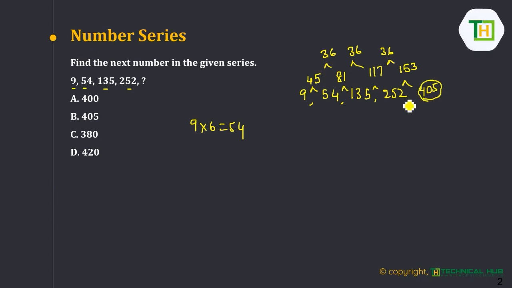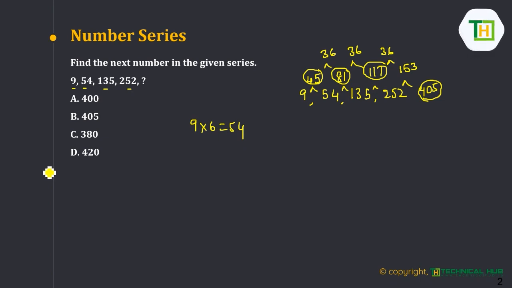So by using the difference method, which we generally use to solve number series questions, you can answer this question. The first thing I observed: are there any squares or cubes or not? There are none. The second thing I do is take the difference between the numbers in the series. I took the difference and got 45, 81 and 117, but these three numbers are nowhere related.